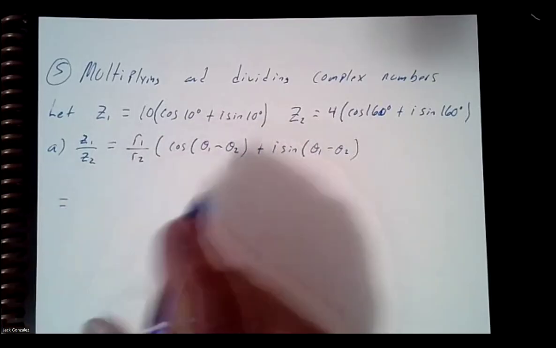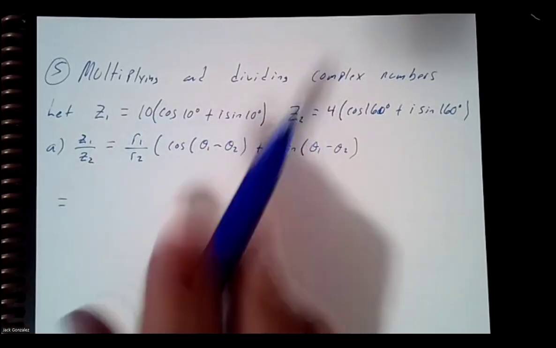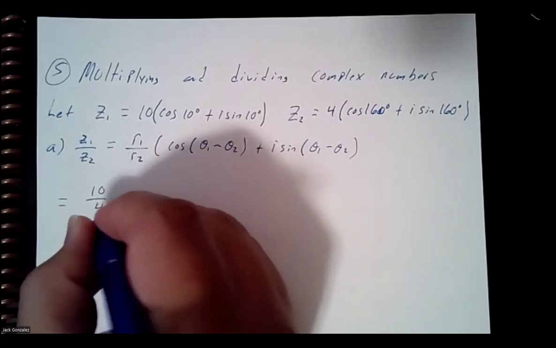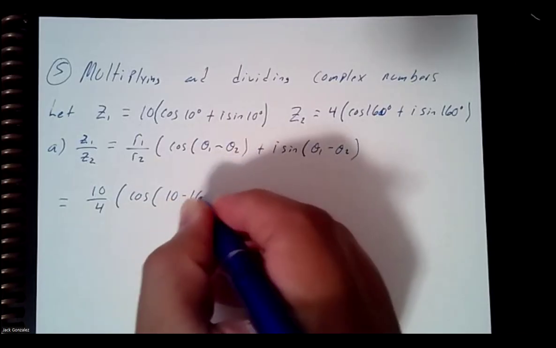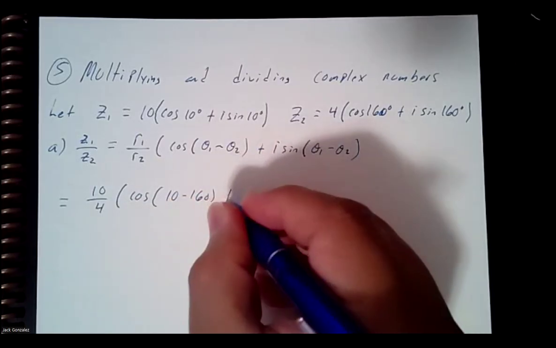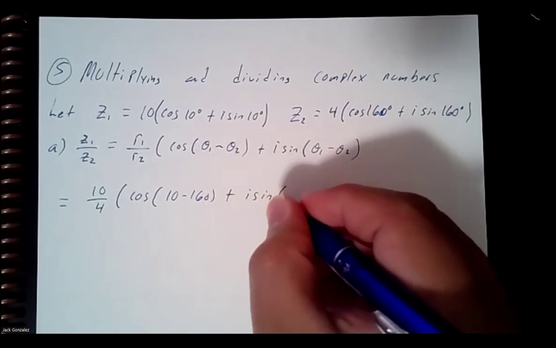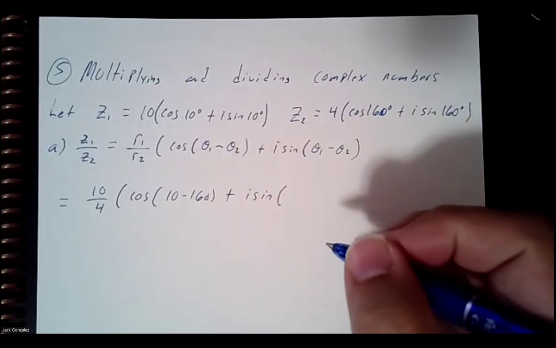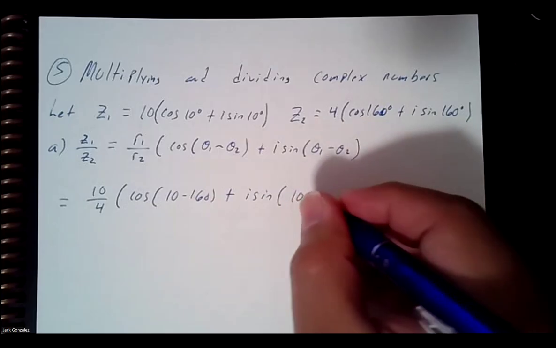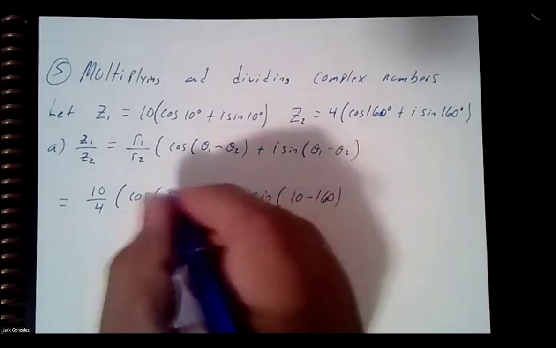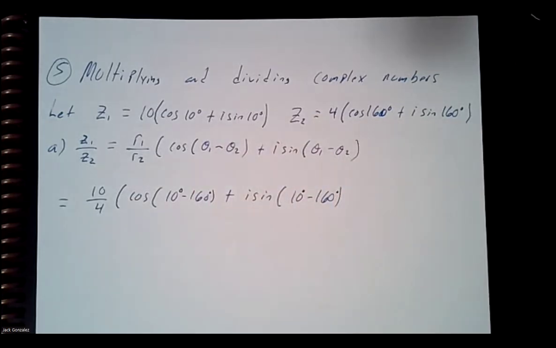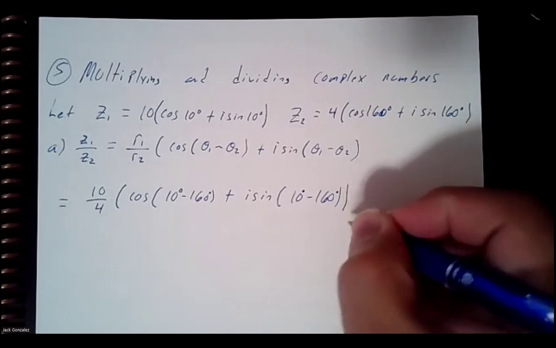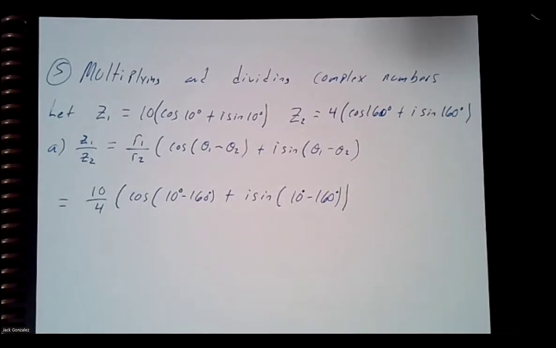So that will be 10 over 4 times cosine of 10 minus 160. Okay. So there's the division. Now just simplify and then you'll be good.